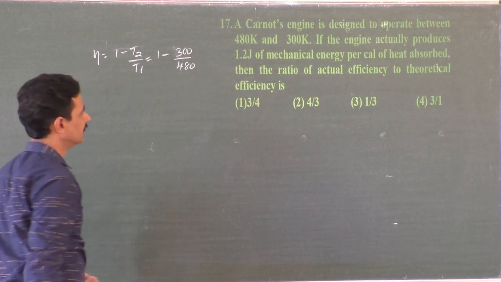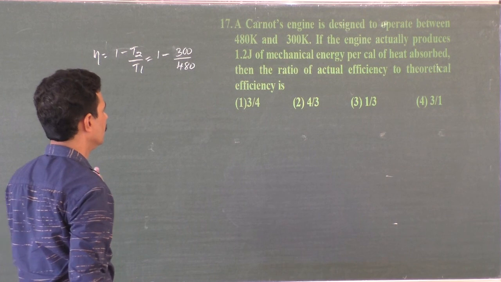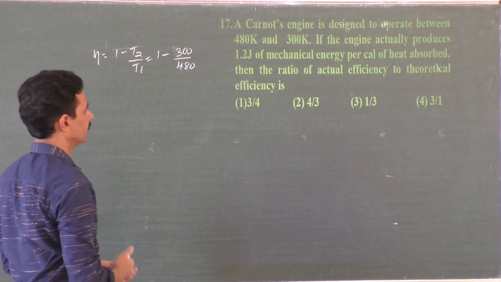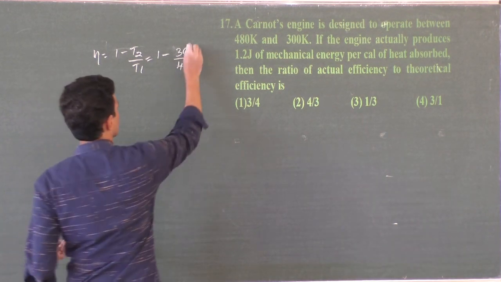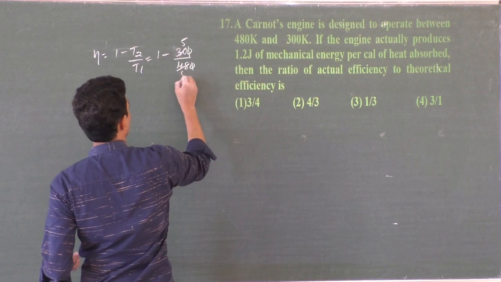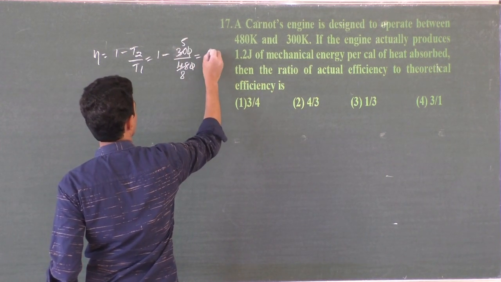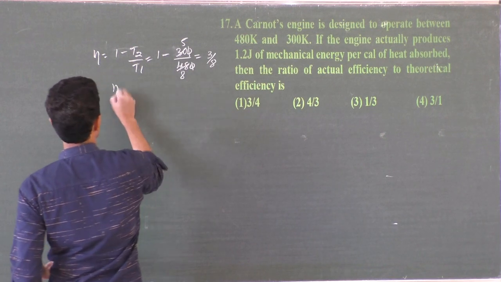Let it be 300 by 480. 6 5s are 30, 8 minus 5 is 3. Efficiency is 3 by 8.